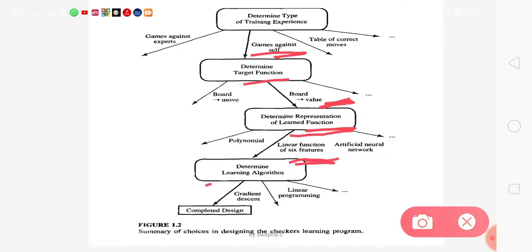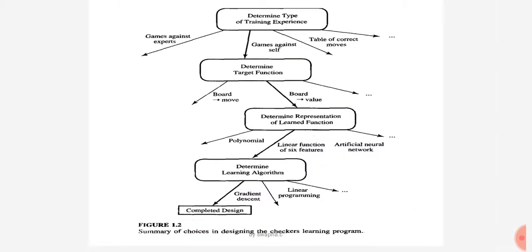And after that, determining the learning algorithm by estimating the training values and adjusting the weights, we find the particular function which will give the error 0. After that, we have the complete final design. So this is the final one.